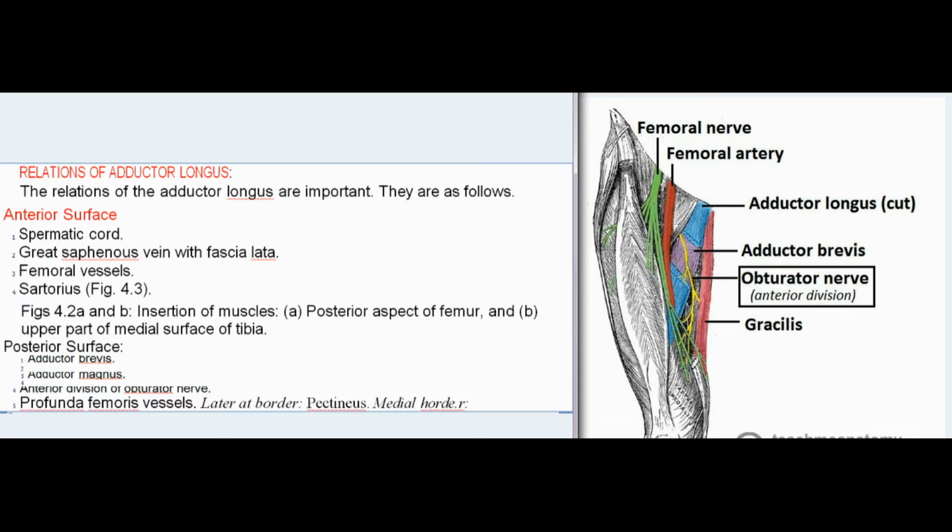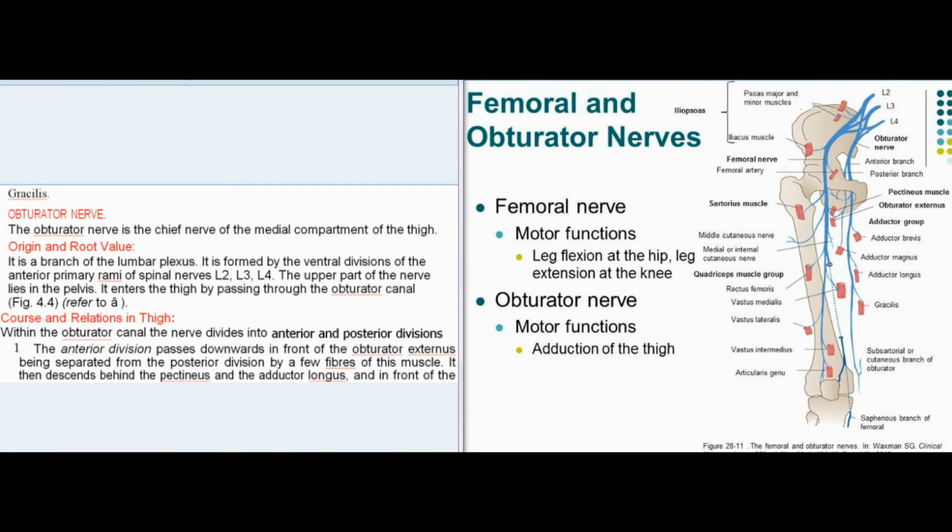Insertion of muscles: a. posterior aspect of femur, and b. upper part of medial surface of tibia. Posterior surface: 1. adductor brevis, 2. adductor magnus, 3. anterior division of obturator nerve, 4. profunda femoris vessels. Lateral border, pectineus. Medial border, gracilis.